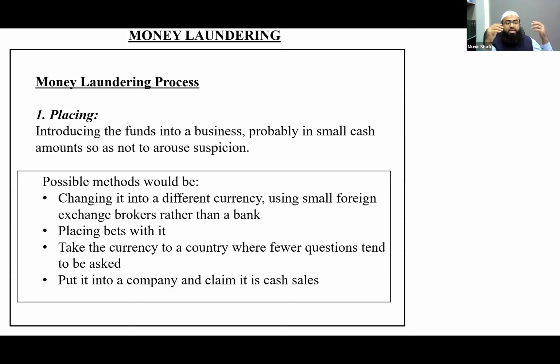So the money laundering process. First step is placing. What does that mean? Introducing the funds into a business, probably in small cash amounts, so as not to arouse suspicion. I'm placing the funds. I have illegal money with me. I have a bag of illegal money containing $10 million.